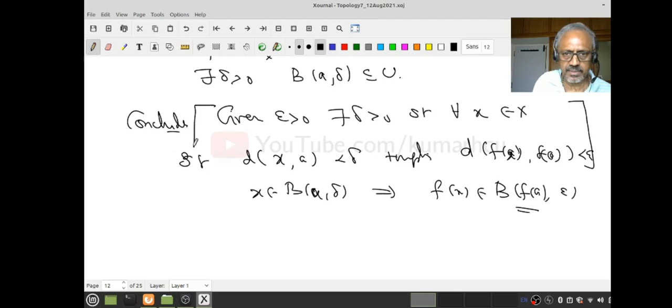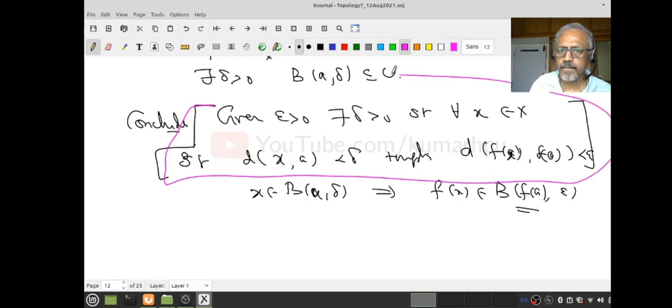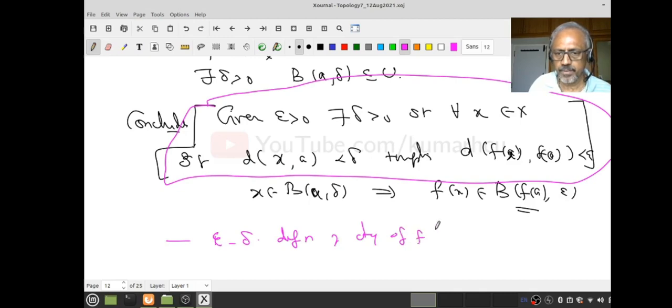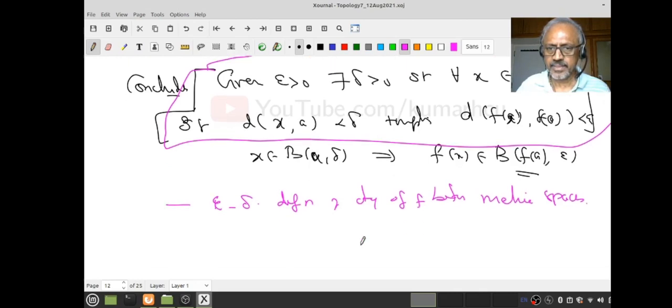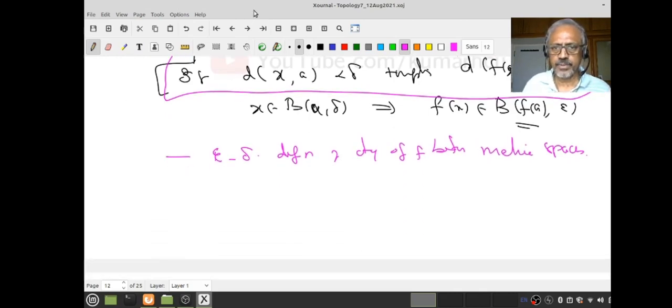This is nothing else than the epsilon delta definition of continuity of f between metric spaces. It is something similar to R, right? The same way. Do you follow that? So what do you think I have proved?